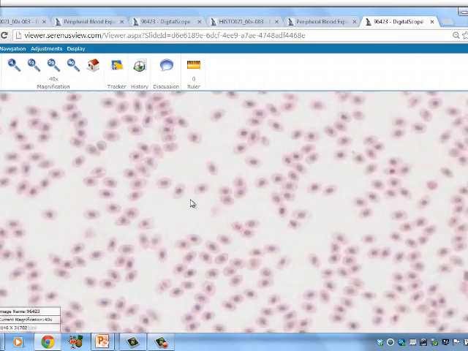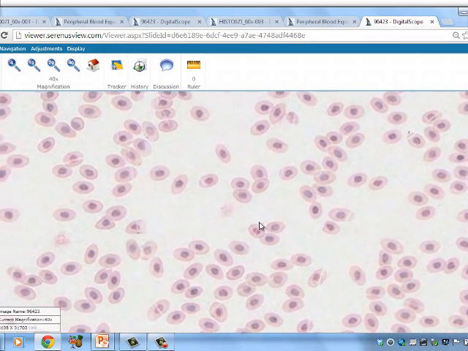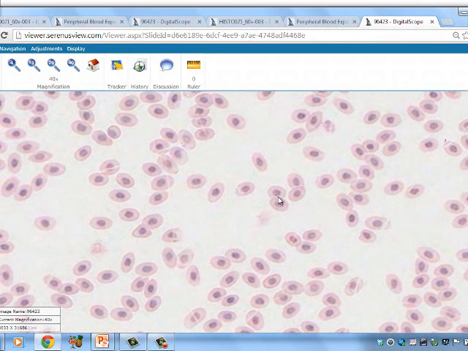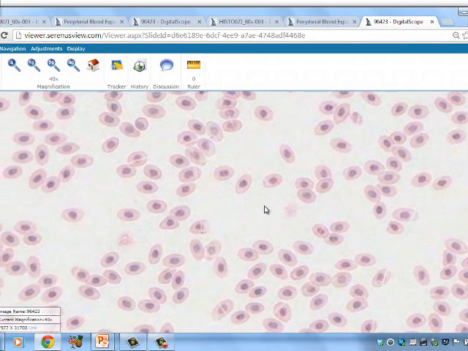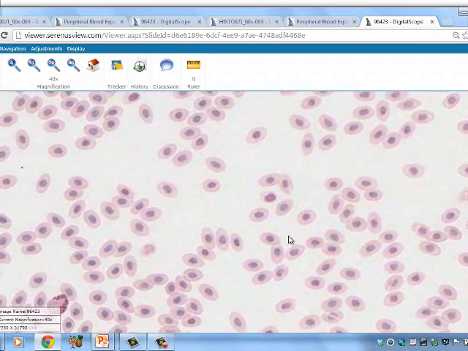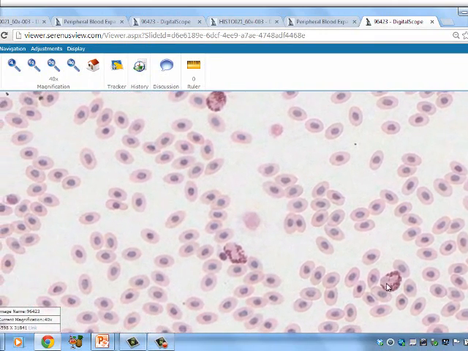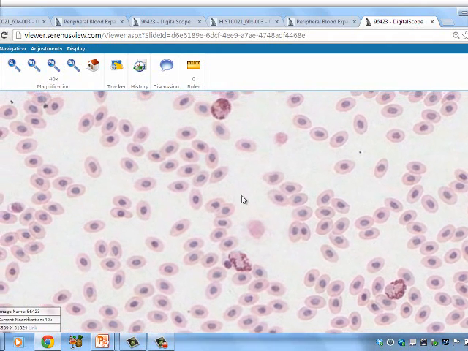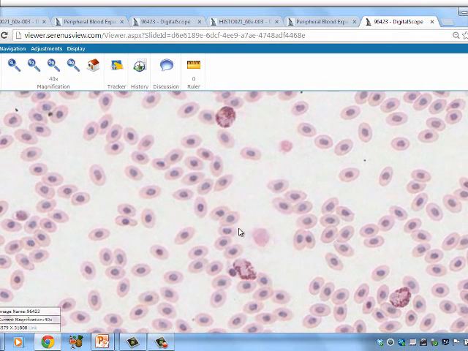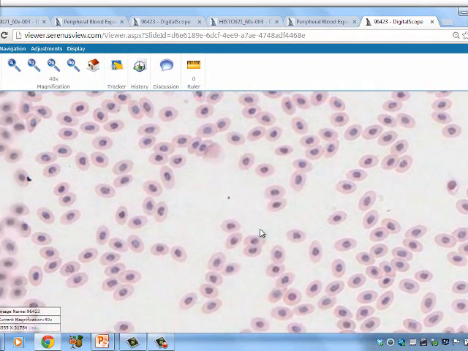So if we take a look at that blood on our computer, we can manipulate this as we wish. Here we can see these are the red blood cells. That's hemoglobin that we see around there, but we see the nucleus in there as well. Also, we can see these other cells, which are either thrombocytes or white blood cells.